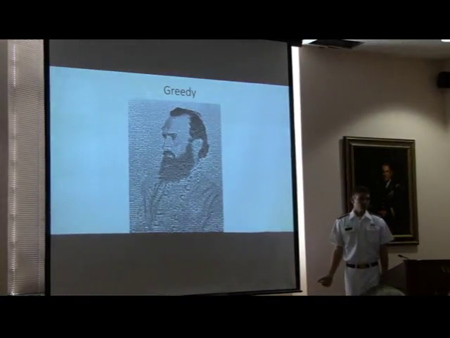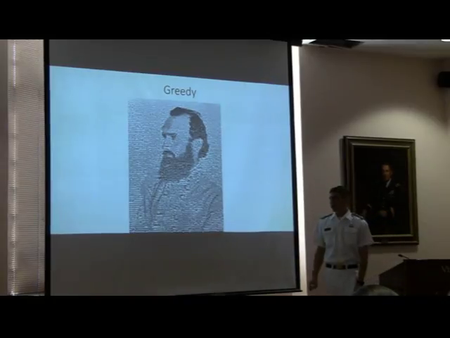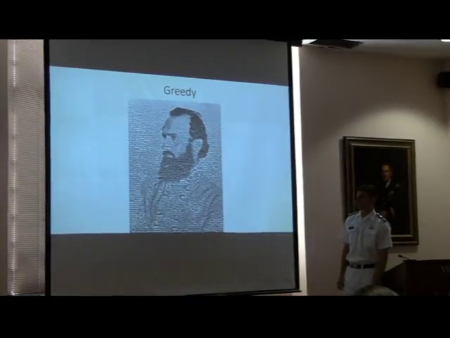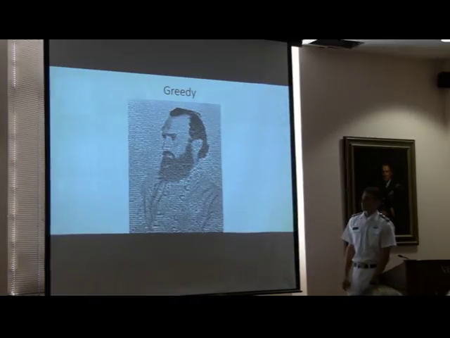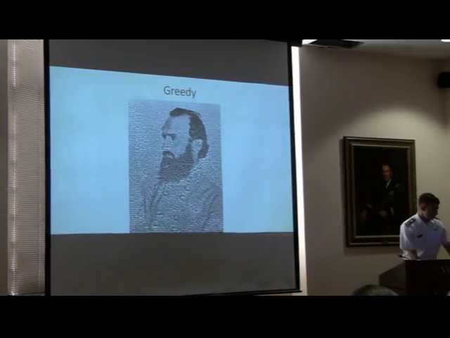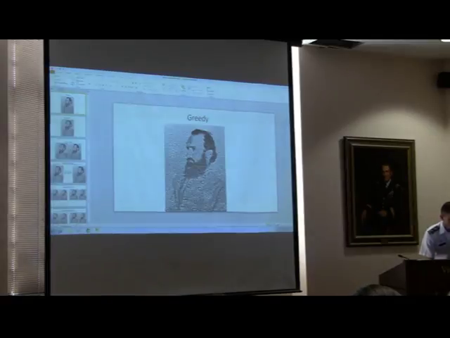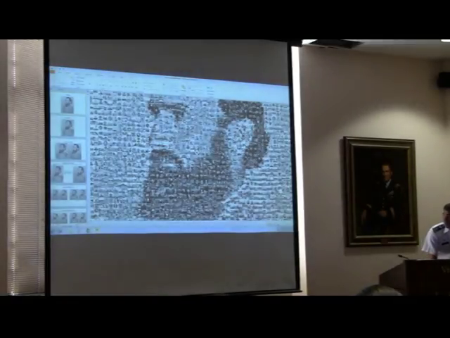Here's Stonewall Jackson with the greedy algorithm using all of the pictures from the VMI archive. And I'll just let you look at that for a few seconds. So you see it's made all of these smaller pictures.